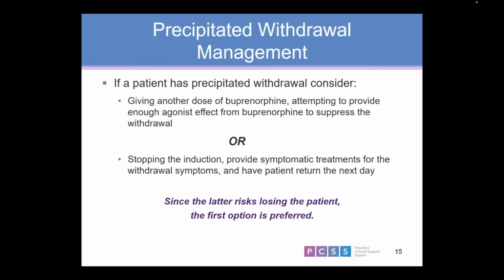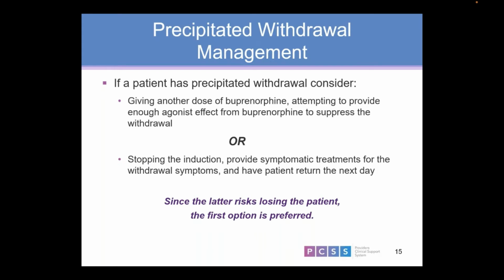If you precipitate significant withdrawal, you can try to stop it from getting any worse by giving buprenorphine. But again, I would give it some time. If it's too severe, potentially they could go home, but I can tell you that this really doesn't happen. They're going to reach that place of stabilization.